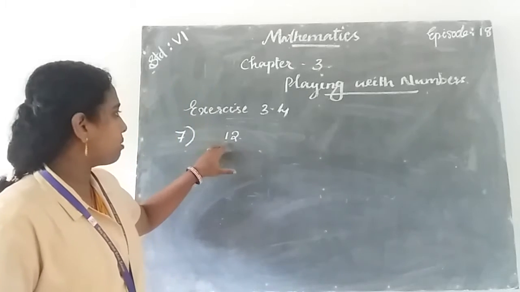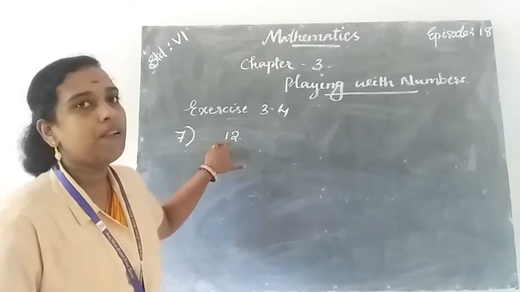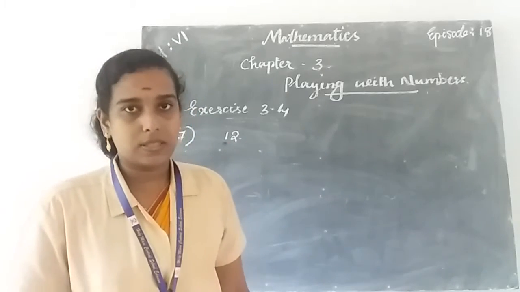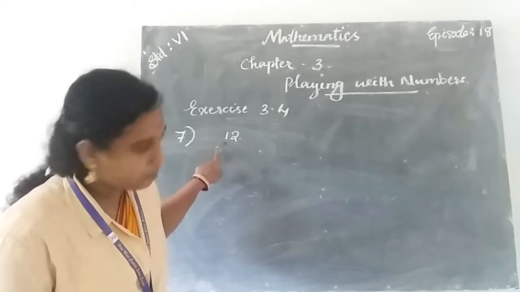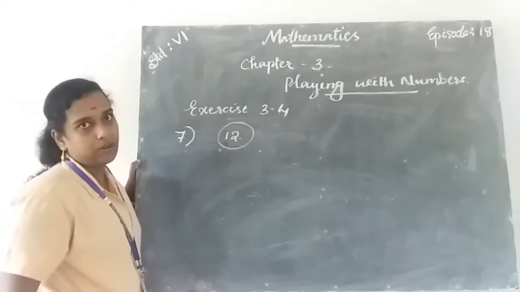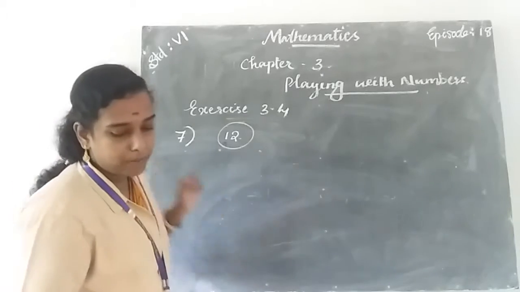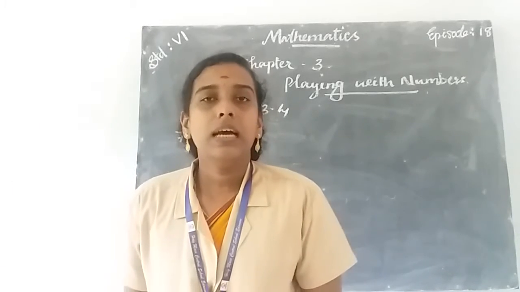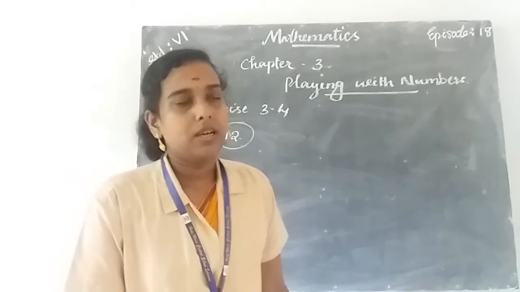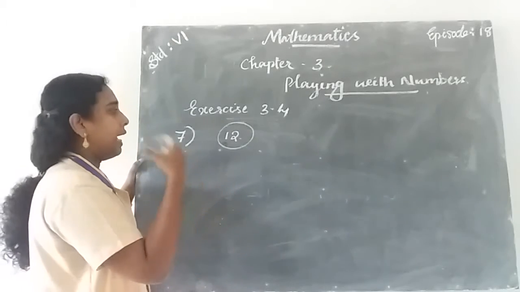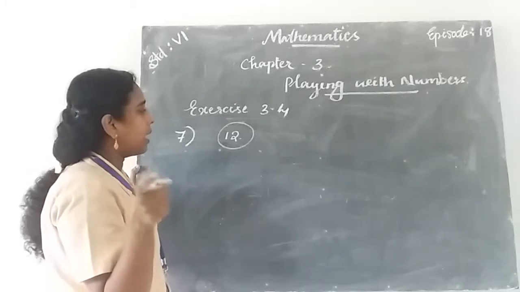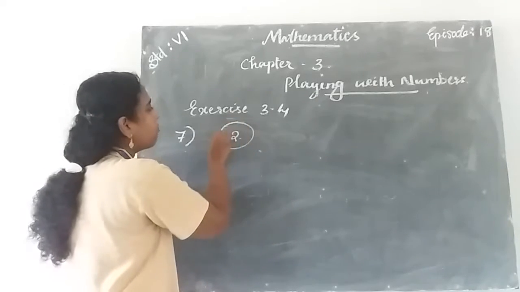If a number is divisible by another number, then it is also divisible by the factors of that number. So here the number is divisible by 12, then it is also divisible by the factors of 12.